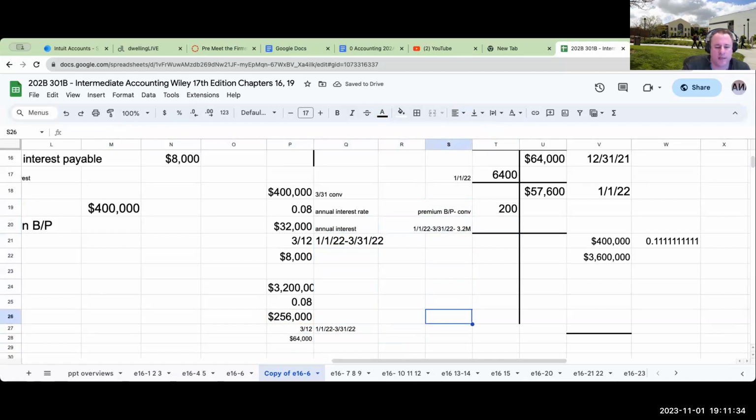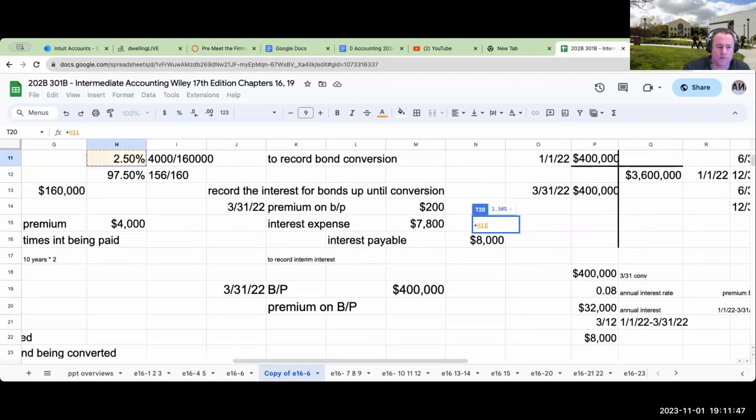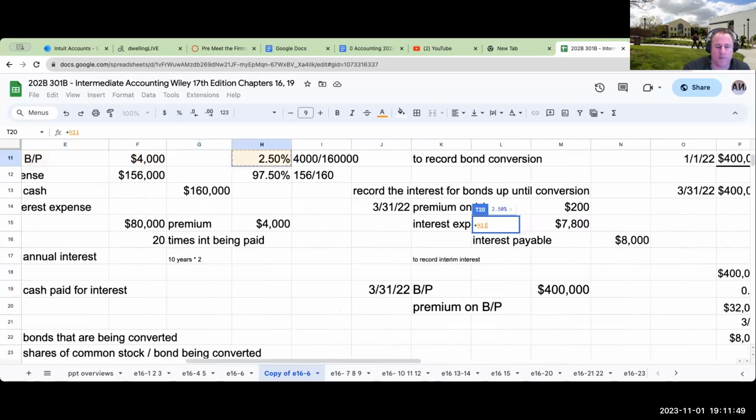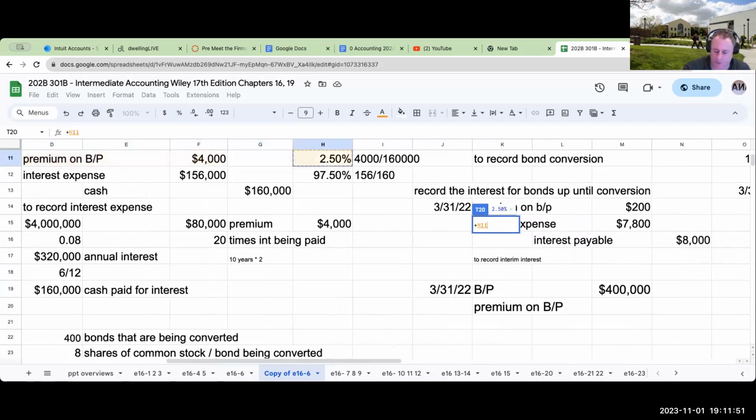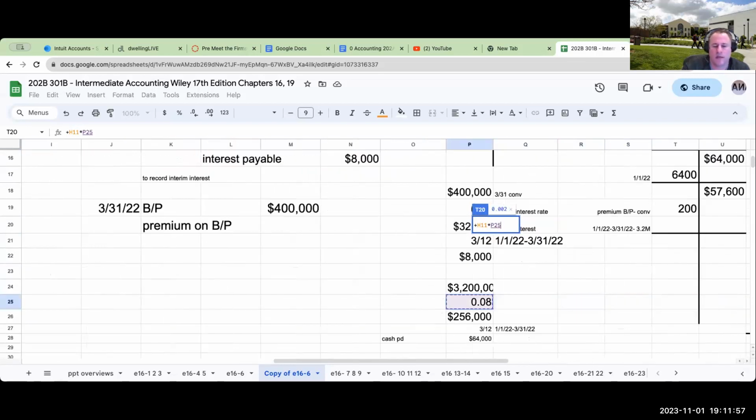If this is the amount of cash paid for interest for this time period, this is going to be 2.5%, the premium amortization, times this value here, or roughly 1,600.